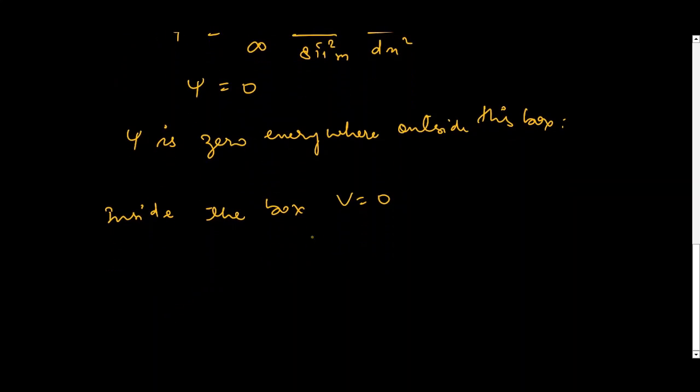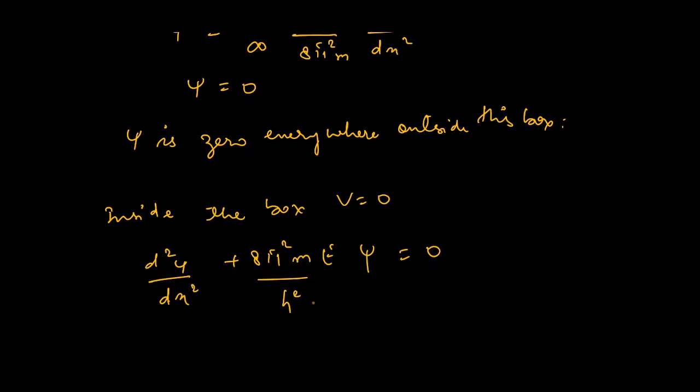So if we put V is equal to 0 in the Schrodinger wave equation, we get d square psi upon dx square plus 8 pi square m upon h square into E psi is equal to 0.